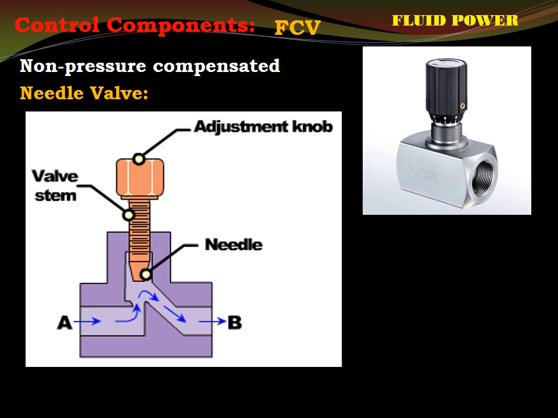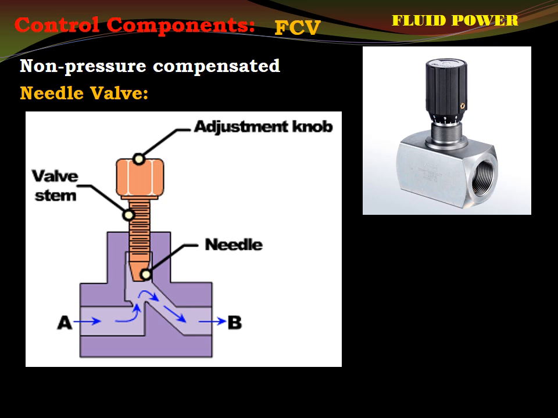Sometimes these are called needle valves because the shape of the adjustment knob or the valve stem is needle shaped. If we adjust the knob from outside, then definitely the area through which flow is taking place can be adjusted.